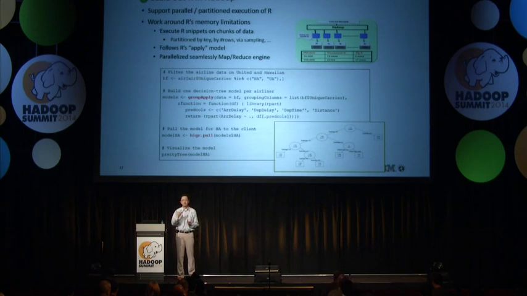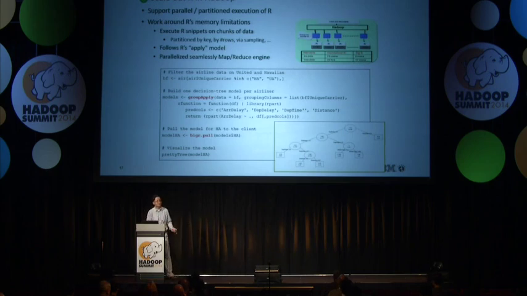Let's say, for example, you want to build a regression model for something. The demo that I'm going to show you is a decision tree. I can show you how easy it is to actually build it with this model here. So let me switch over to demo mode. Just bear with me a little bit.